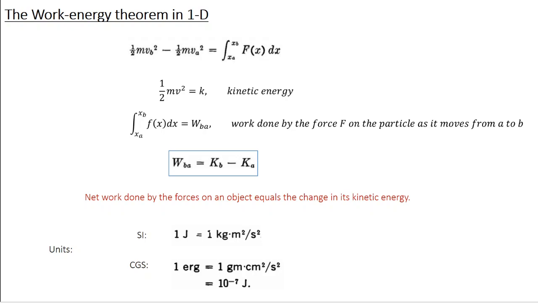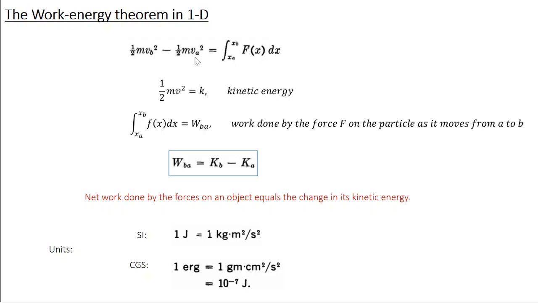So if you recollect our problem in one dimension, we had a particle which is originally at a position A, denoted by coordinate XA, and it moves to another position B, denoted by coordinate XB, under the influence of a force F of X. Remember, force is always represented as a function of position, right?